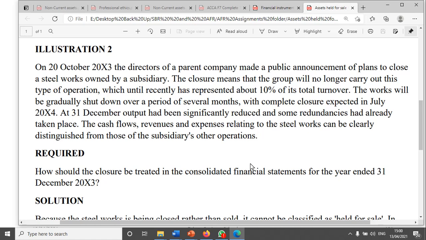The works will be gradually shut down over a period of several months, with complete closure expected in July 2024. At 31st December, output had been significantly reduced and some redundancies had already taken place.